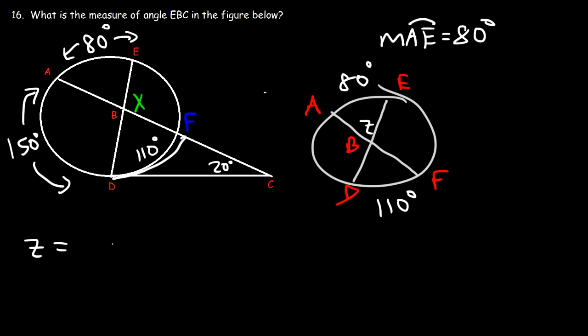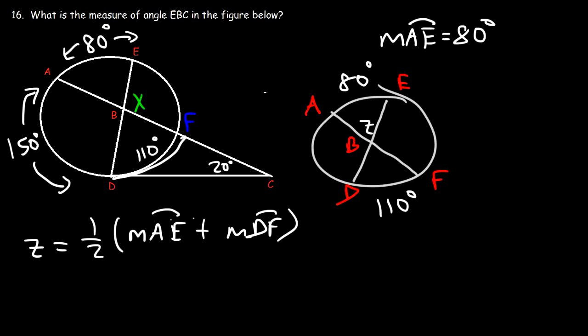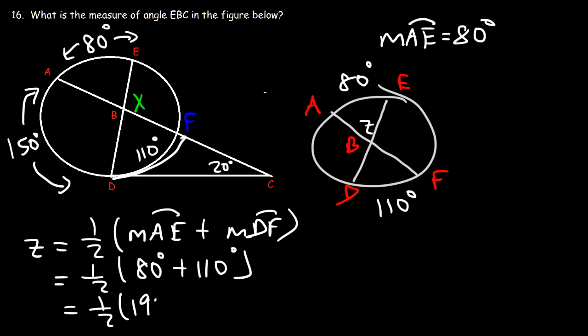So Z is going to be 1/2 the sum of the two intercepting arcs. So that's arc AE and arc DF. So it's basically the average of those two arcs. So it's going to be 80 plus 110, and that's 190. And half of 190 is 95. So Z is 95 degrees.